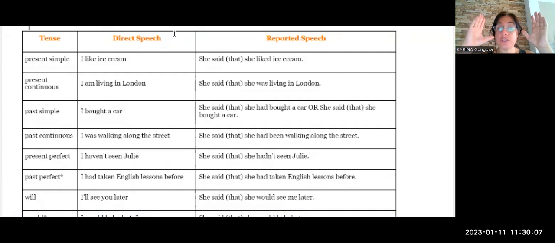Porque eso pasa en castellano también, cuando decimos el diálogo tal cual, como lo dijo alguien, lo decimos entre comillas, right? Between inverted commas, if you want to have it in English. The actual speech, the bubble, was "I like ice cream." Lo que dijo la persona, en este caso yo, realmente fue "I like ice cream."